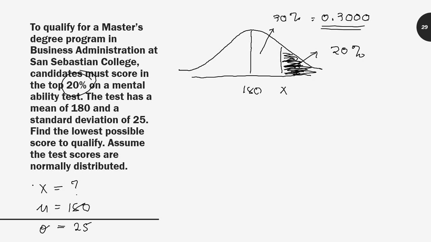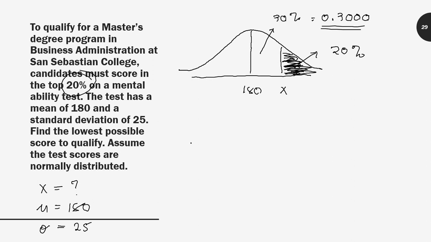This time, given na po yung area or the probability from the mean hanggang dun po kay x, which is 30% or 0.3000. Now, kapag ganyan po yung given, titignan lang natin sa table yung pinakamalapit kung wala tayong makitang eksaktong 0.3000.